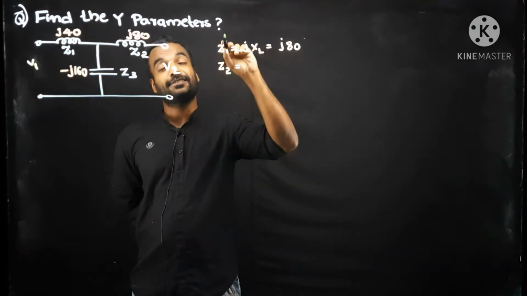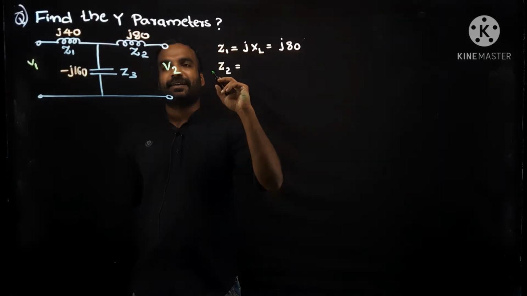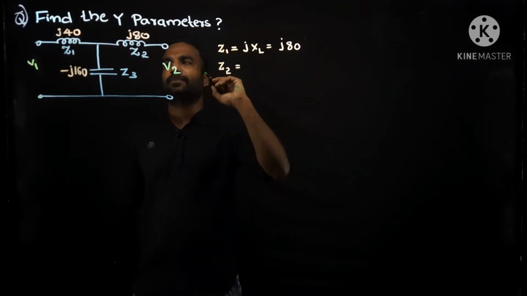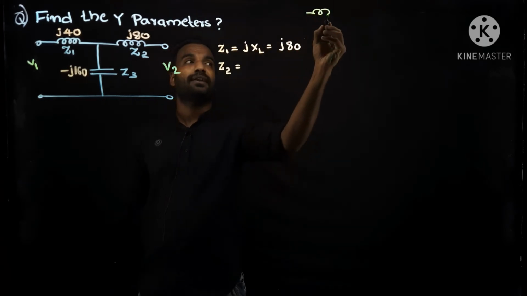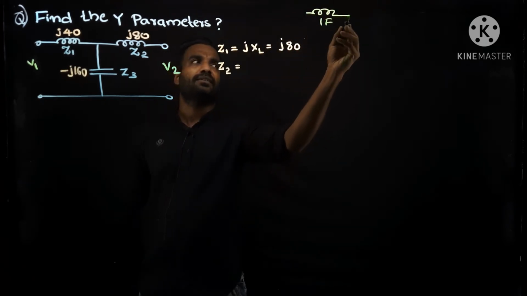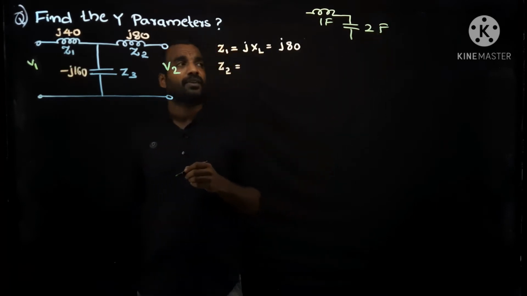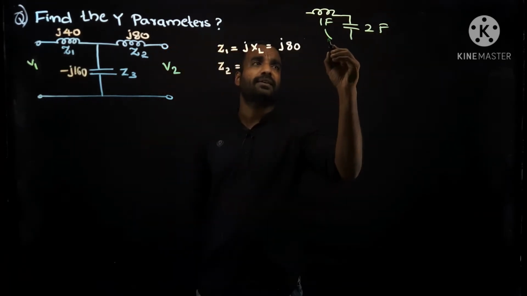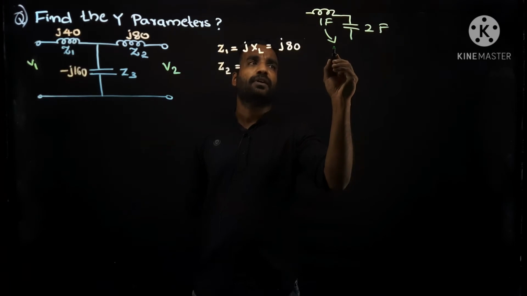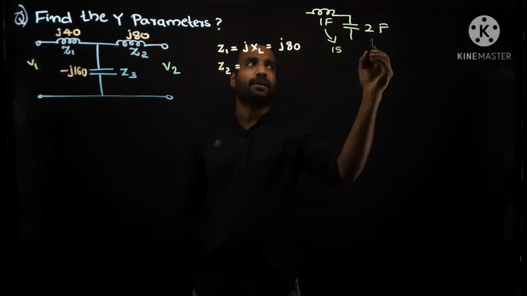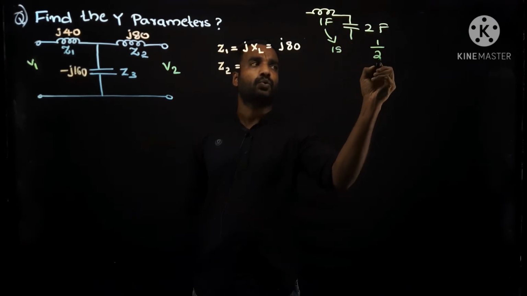In the previous problem, in the first problem session of Y parameter, we did such a problem where the inductor value is some 1 henry and the capacitor value is some 2 farad. So you can directly convert L into S, and the capacitor is 1 by 2S.